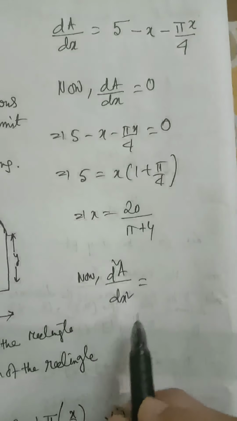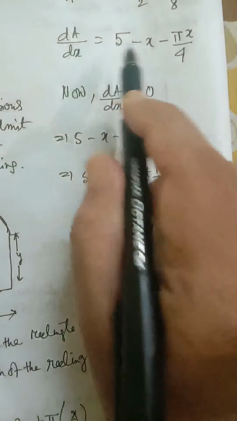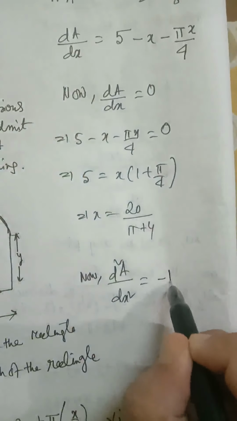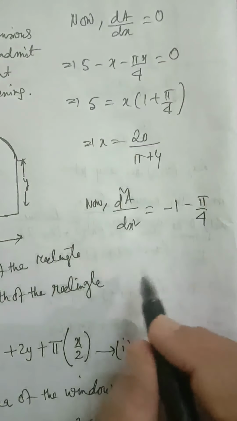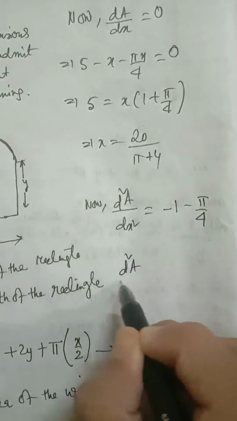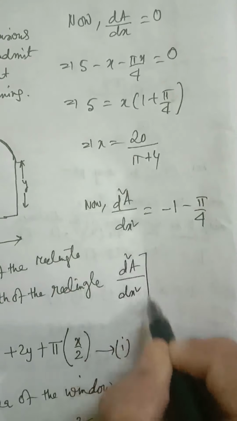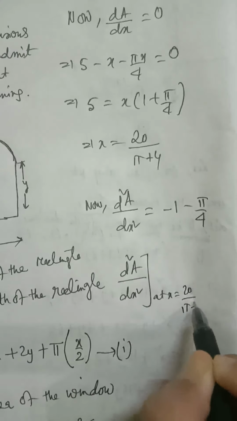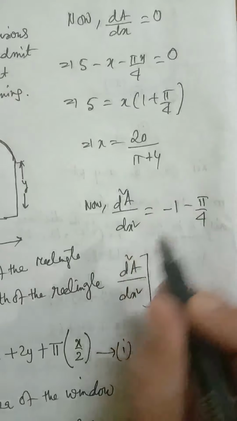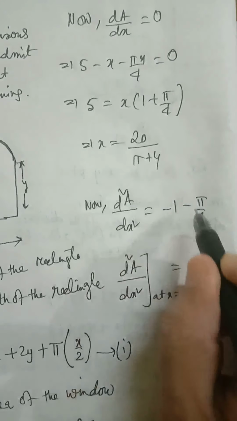Our next step, we have to find d2A/dx square. This is our dA/dx. d2A/dx square will be minus 1 minus pi by 4, and d2A/dx square at x equal to 20 by pi plus 4, because this is the stationary point, will remain the same, as this is constant.